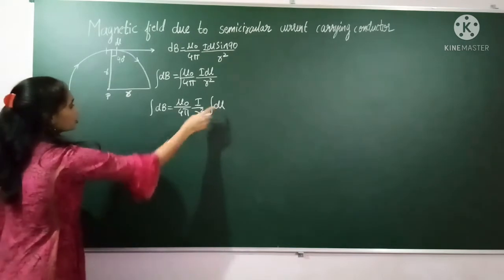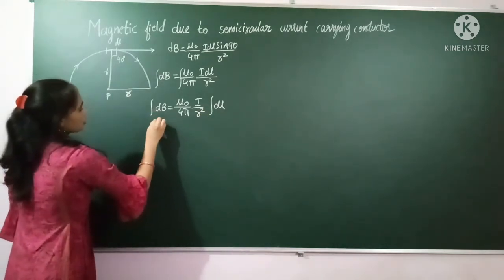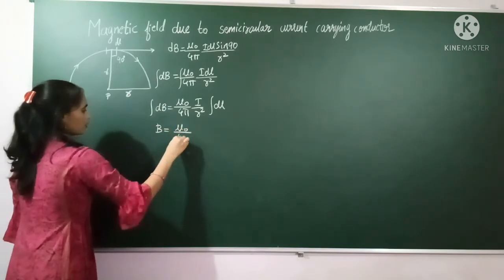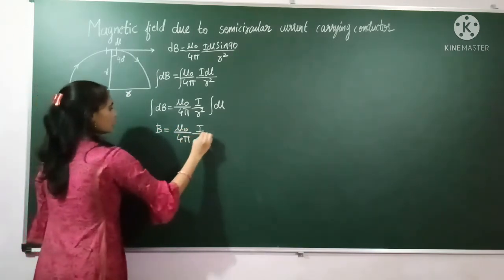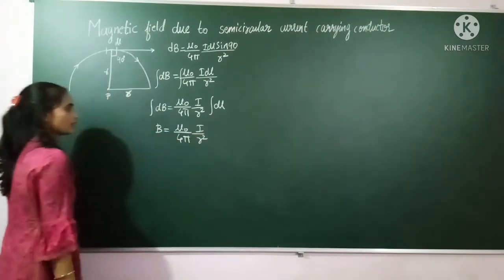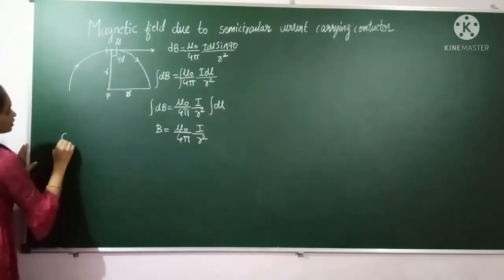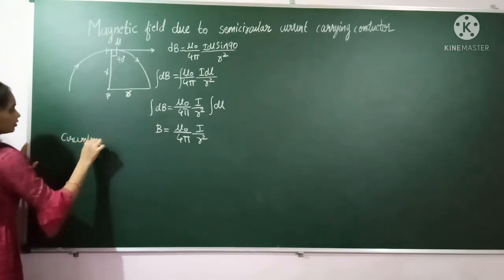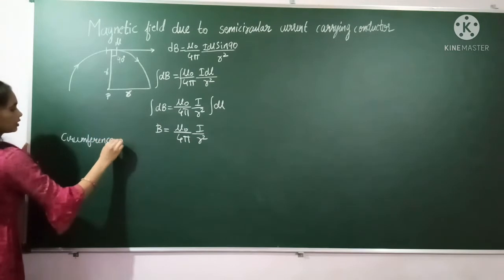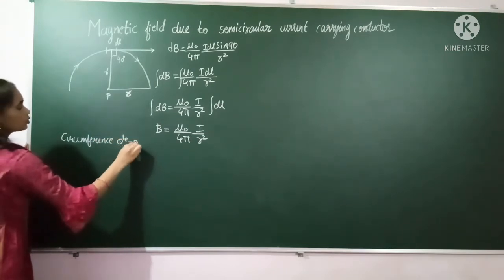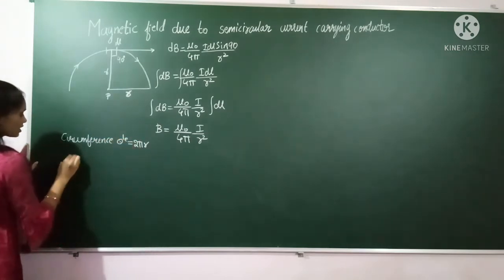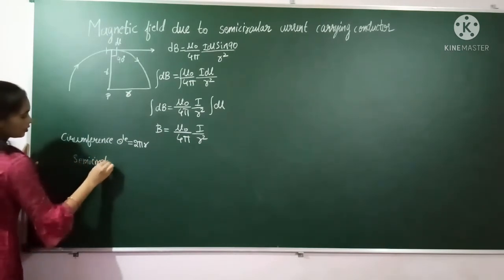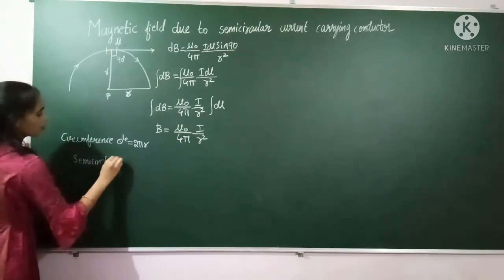So B equals mu naught divided by 4 pi, I divided by r square, times the integral of dl. The integral of dl is the circumference. For a full circle the circumference is 2 pi r, and for a semicircle it is half of that, which is pi r.